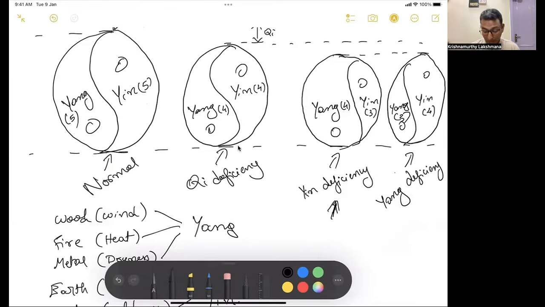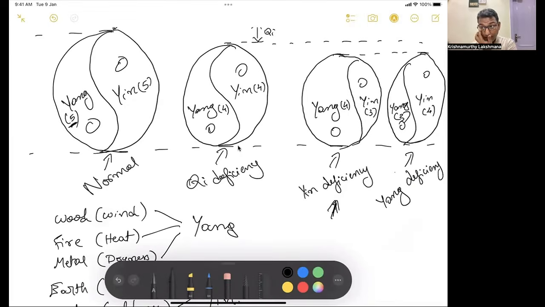No, sir. Why? Because yang remained the same, at the same level. It's at 4. Yin has reduced. We can't say yang excess because what is the normal range?